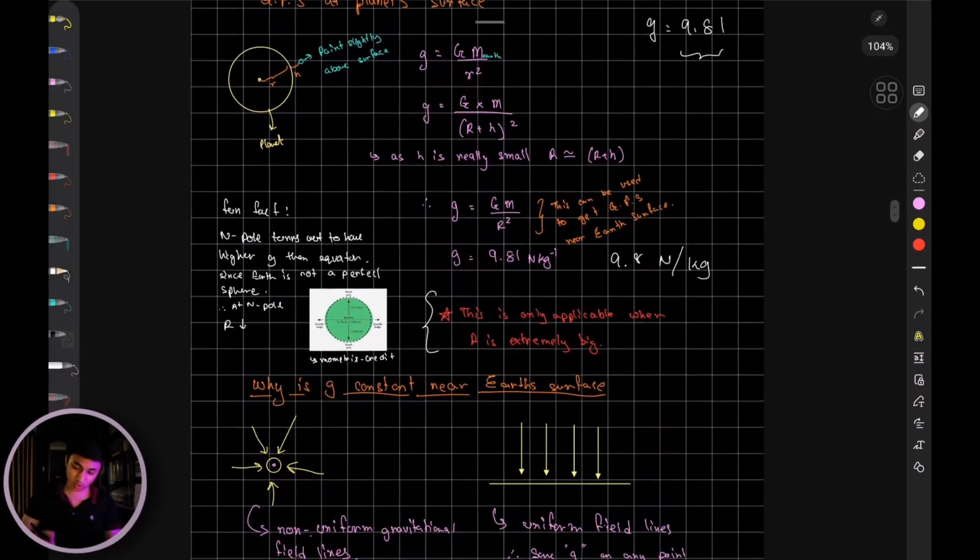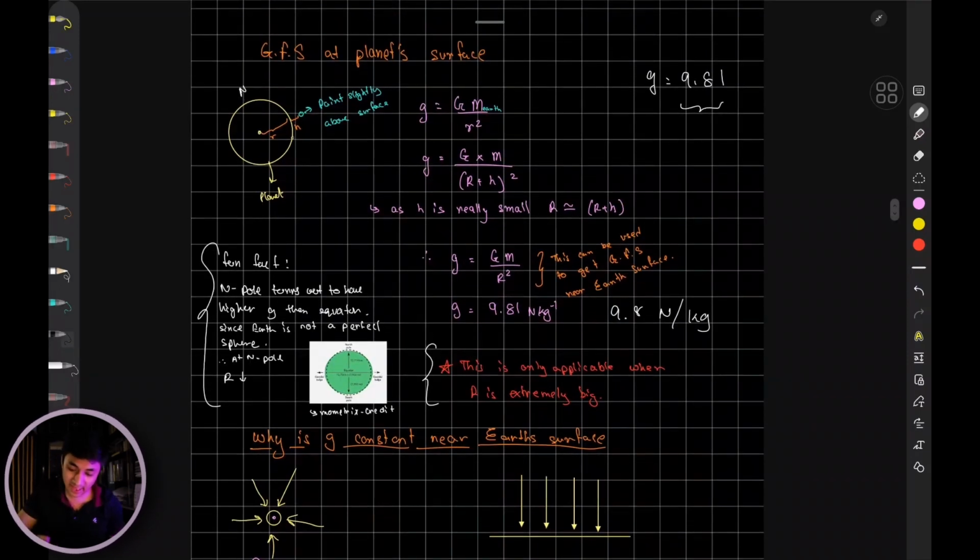The other thing I want to mention is the amount of gravity or gravitational field strength is actually different at the North Pole and on the line of the equator.